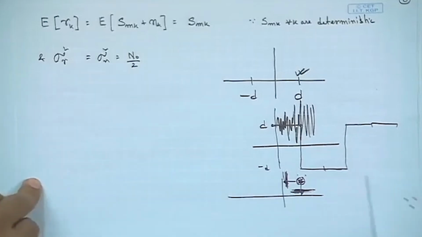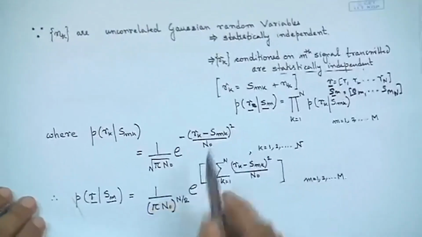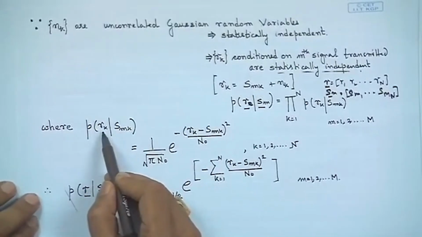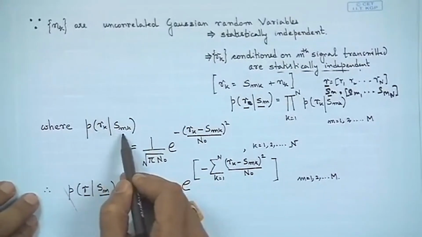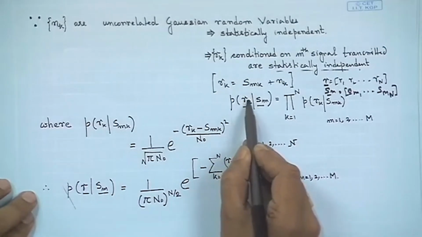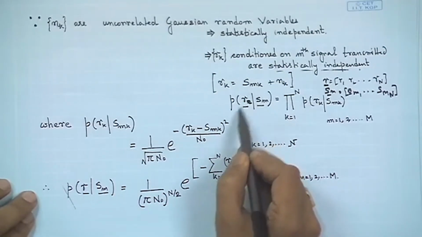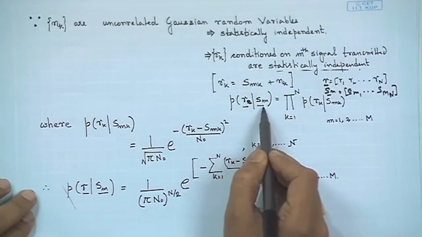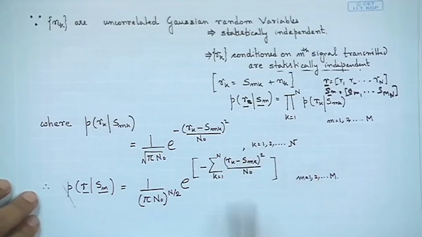And then we further looked at the distribution of the received component given a transmitted signal, and we also looked at the joint distribution of the components of r given a particular transmitted signal, which was in this form.